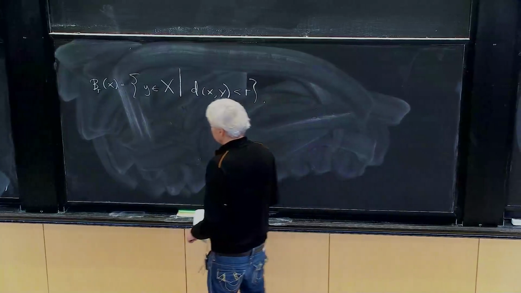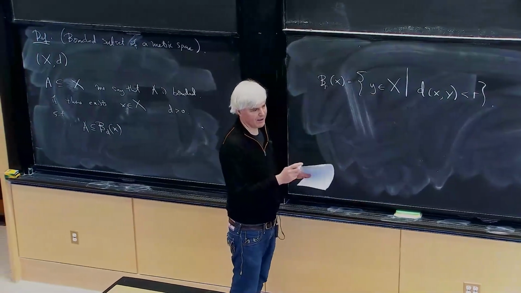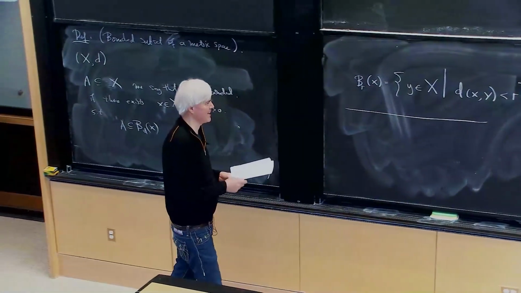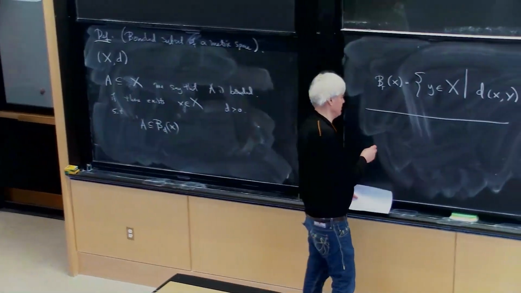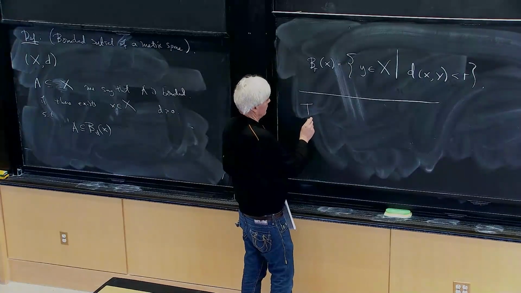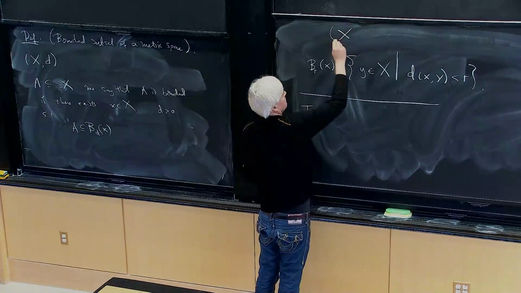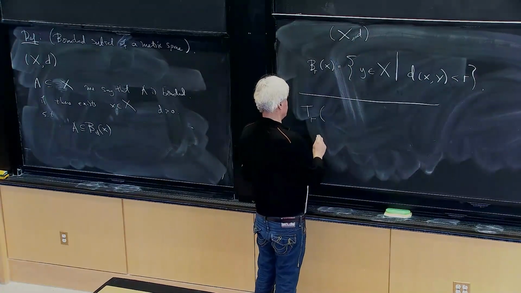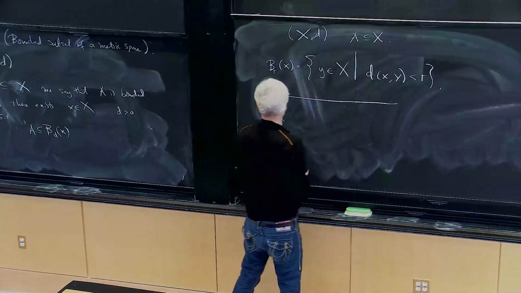I already posted the lecture notes, and in the lecture notes I didn't actually talk about tubular neighborhoods, but it maybe is worth thinking about. So you have a metric space here, and you could have a subset A, any subset of the metric space.